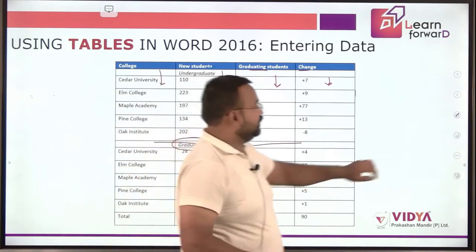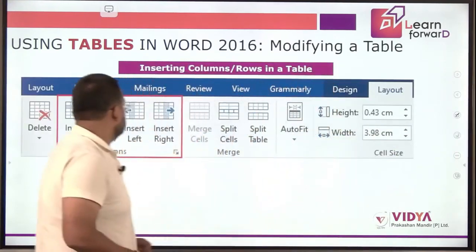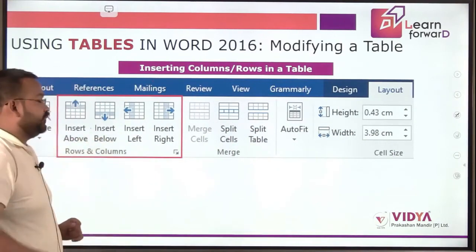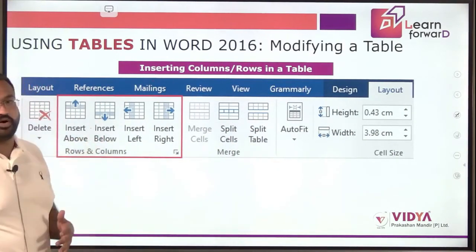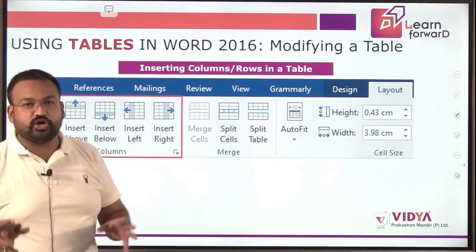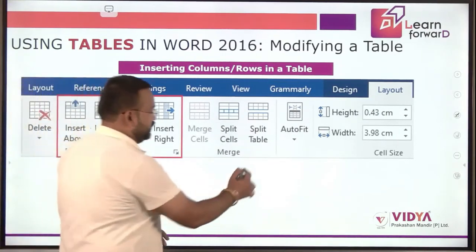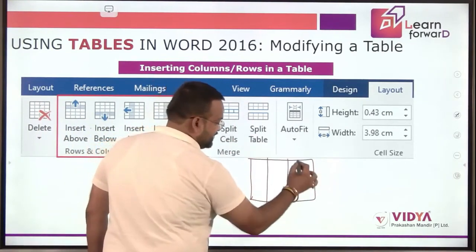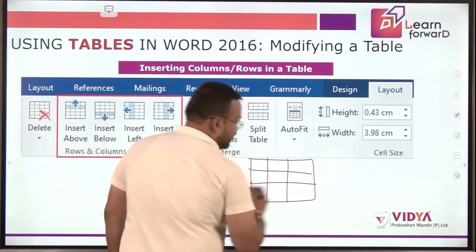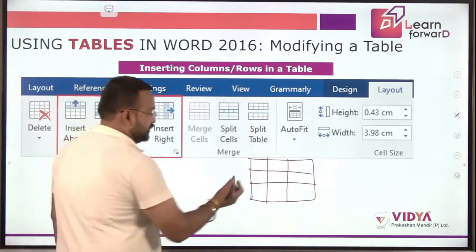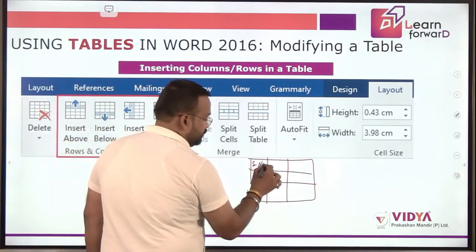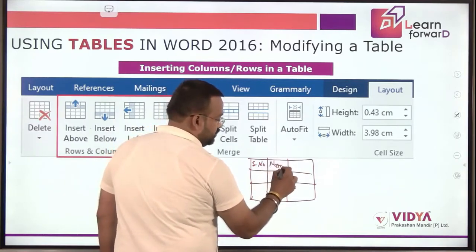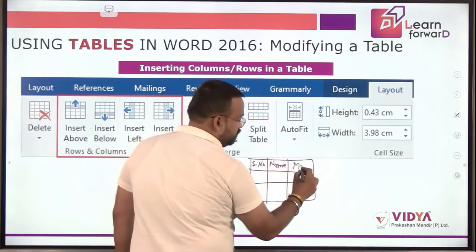This is what we are going to see in this slide. Over here the options are given, for example if you want to insert some columns or rows in your existing table. Let's say we have this existing table in our Word document. Suppose it contains serial number, name and marks.